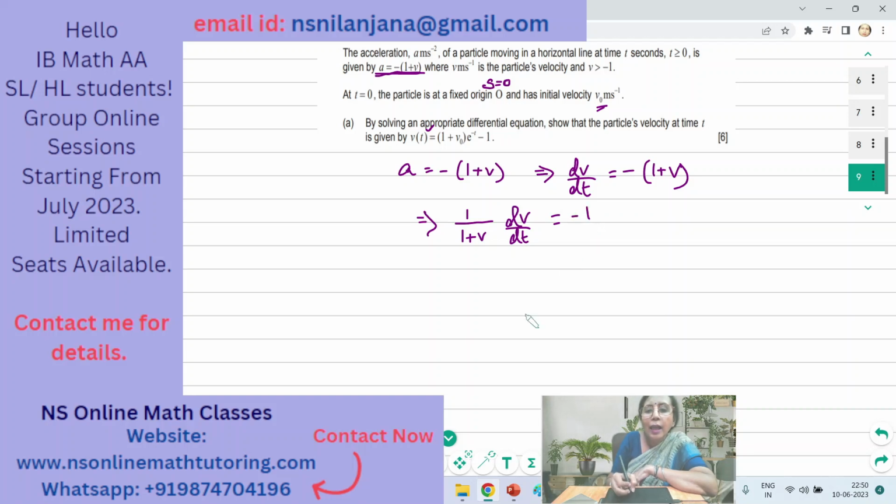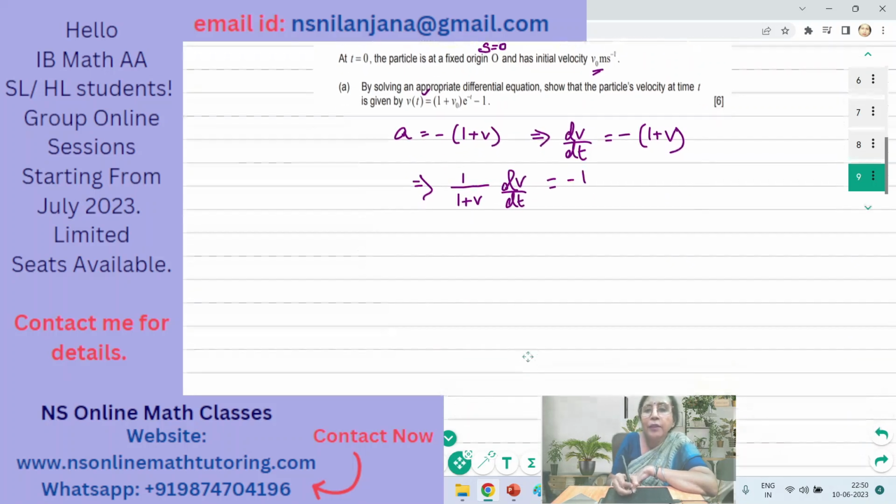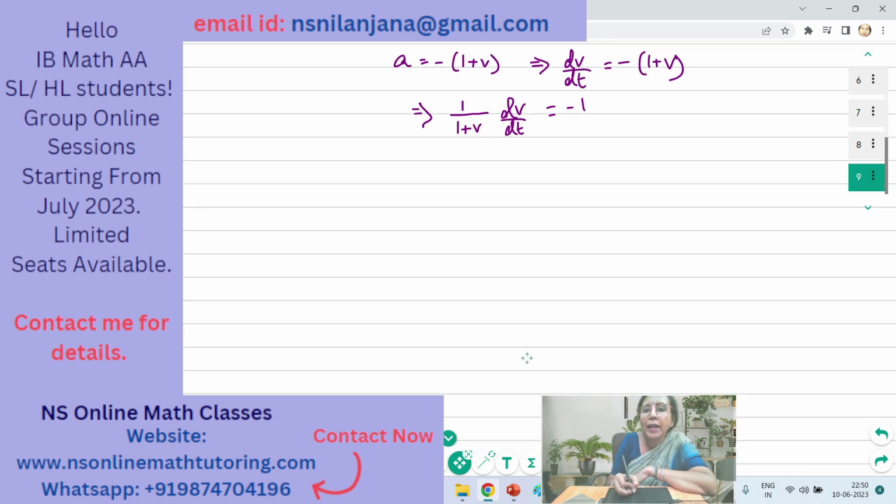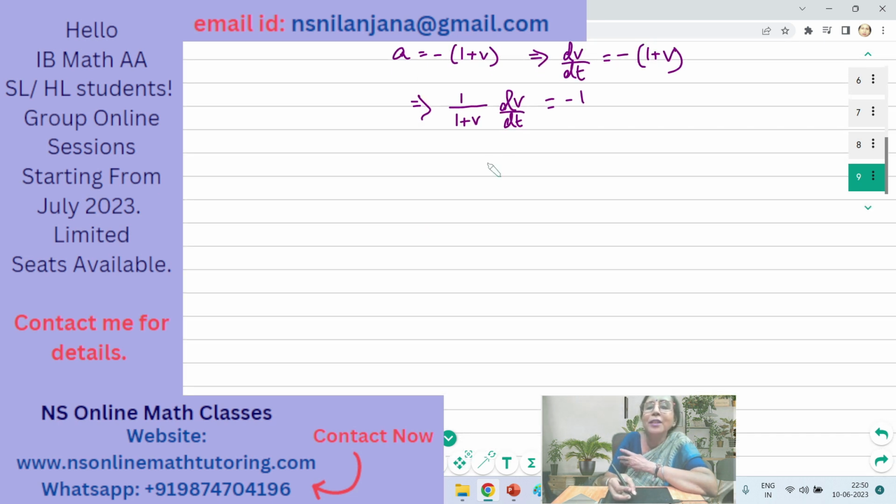And now I will be integrating both sides with respect to t. I am integrating the left side with respect to t, and also the right side with respect to t.